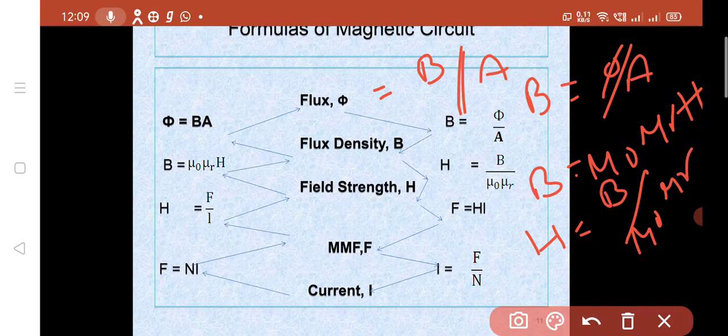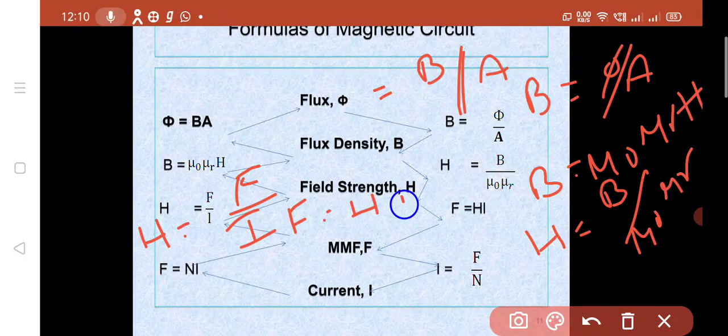And next, field strength: H is equal to F by l, so F is equal to H l.